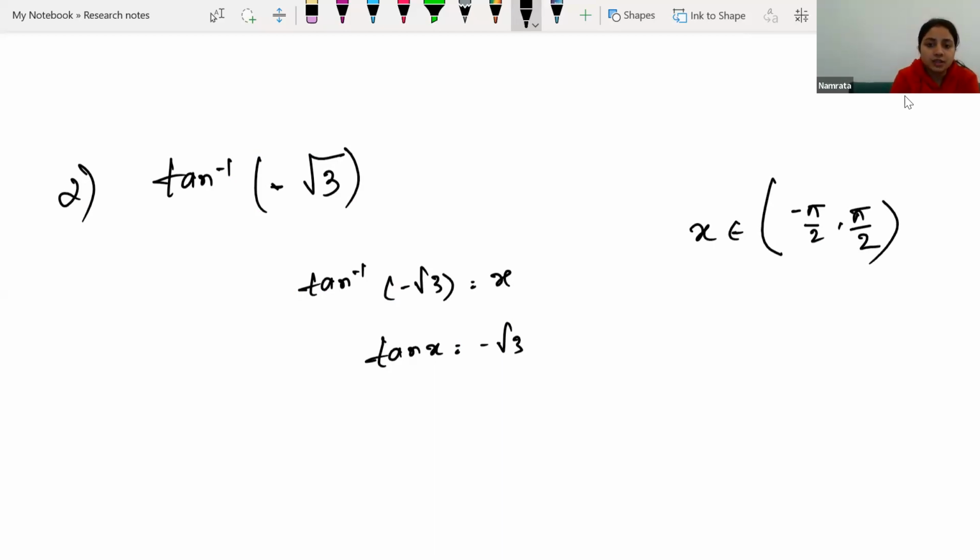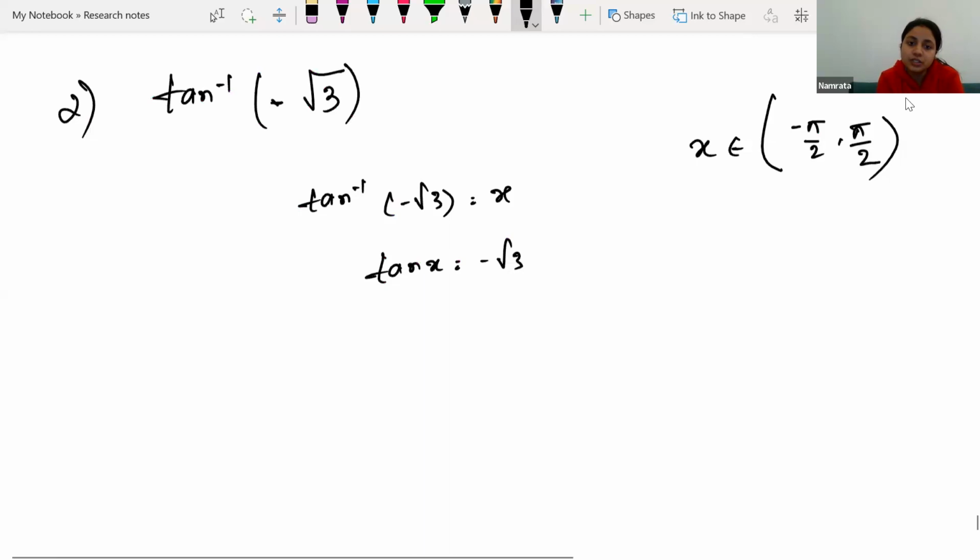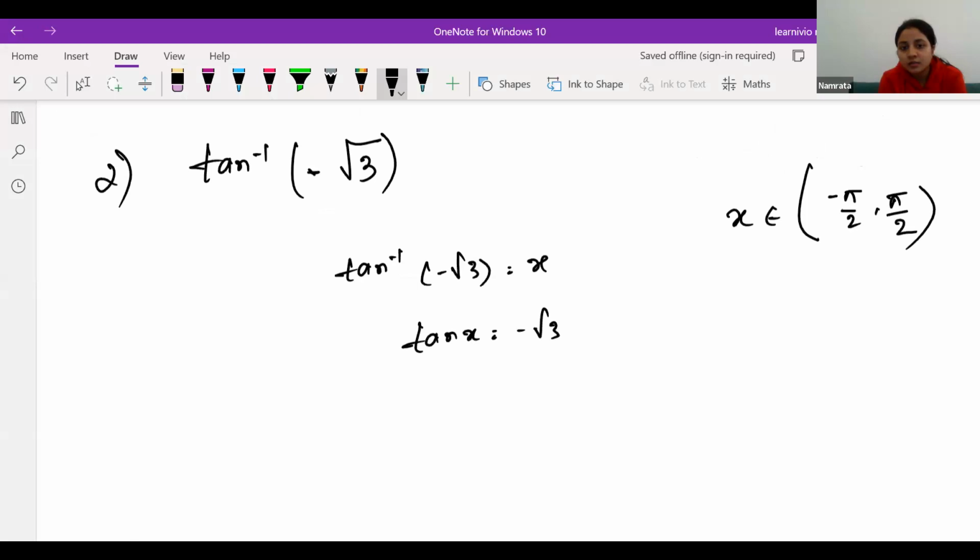Okay, let's check. Root 3. Which angle gives us root 3 for the tan function?